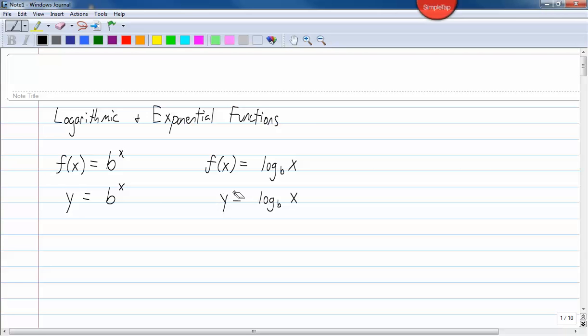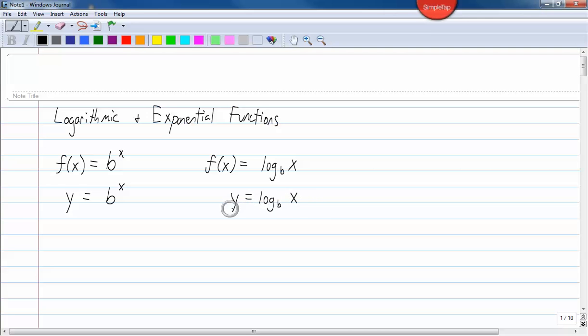A lot of times you just see your logarithm, if you're trying to evaluate one, written like that, just log base 5 of 10 or something like that. So if you want to change this over to this form, it's a little tricky, because what does the logarithmic function actually mean?